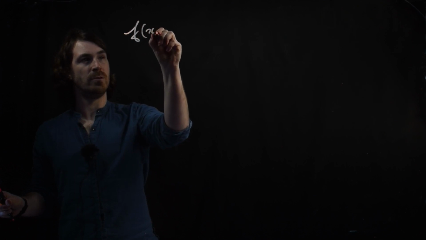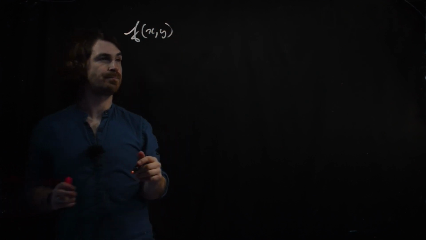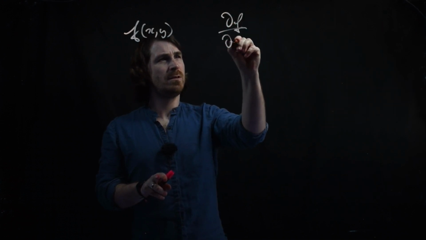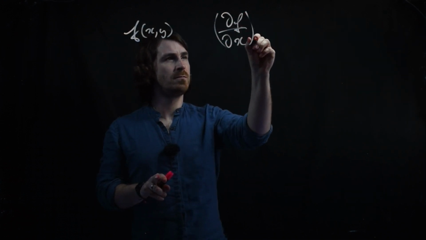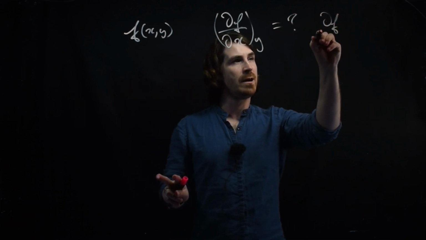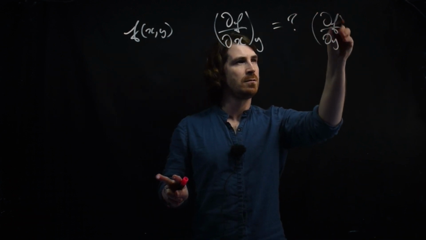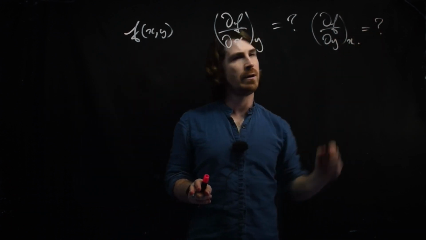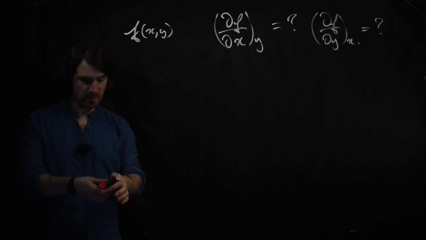Alright, so if we have a function of two variables, x and y, then what do the quantities df by dx and df by dy actually tell us? Okay, how do we interpret these?